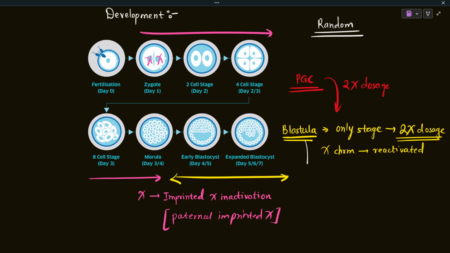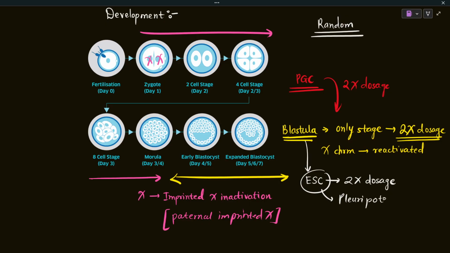Again, the blastocyst has the inner cell mass and the trophoblast. So in the blastula stage, we have embryonic stem cells, right? These embryonic stem cells have 2X dosage, and they are pluripotent.